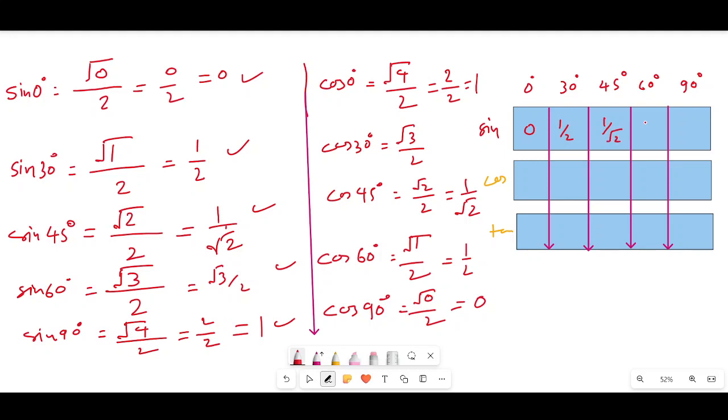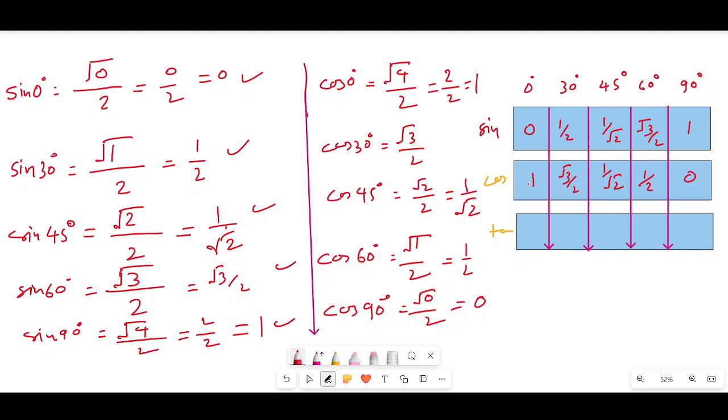Sine 60, root 3 by 2. Sine 90, 1. Clear? If we reverse the same things, here we put 0, here 1 by 2, here 1 by root 2, here root 3 by 2, here 1.